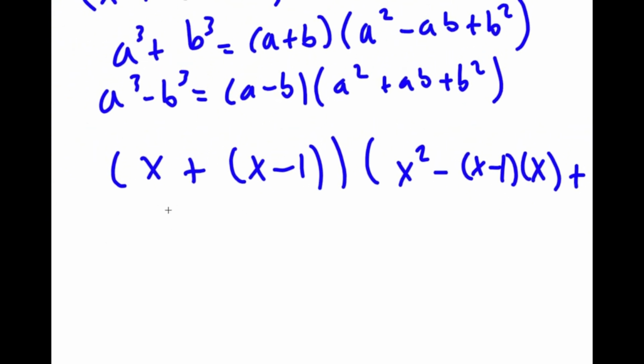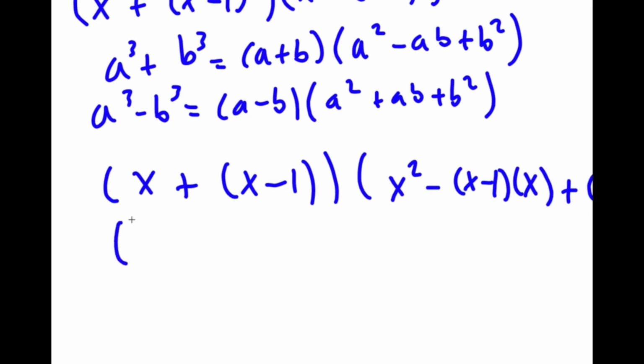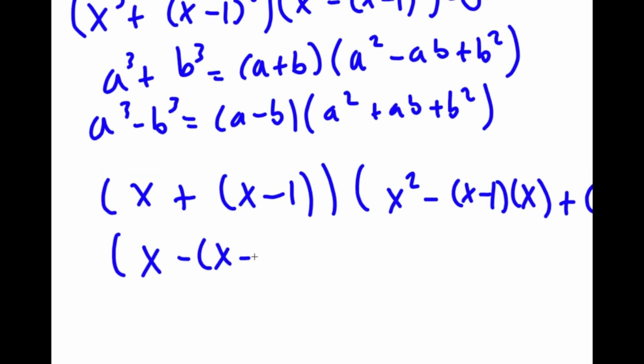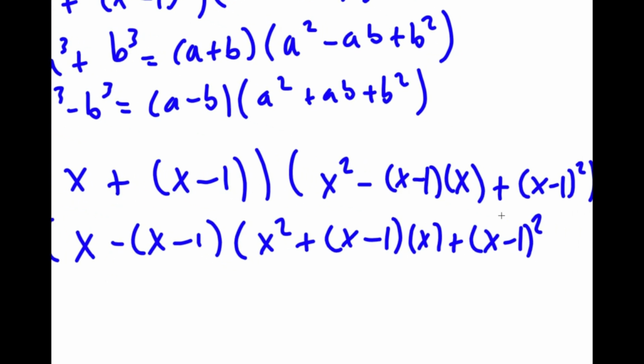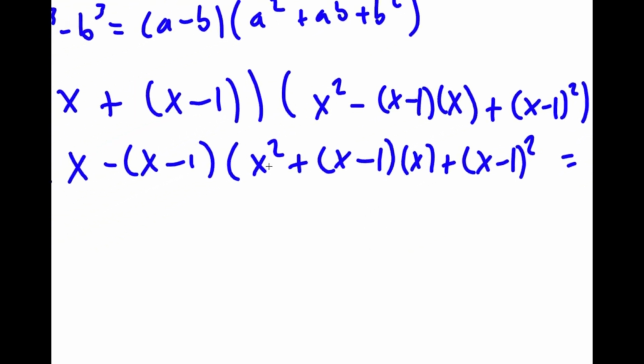And then we have this times x minus x minus 1, times x squared plus x times x minus 1 plus x minus 1 squared. And these two are actually separate equations. So this is equal to 0 and this is equal to 0.